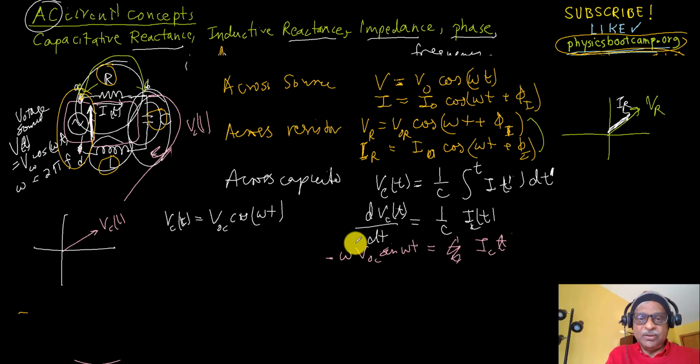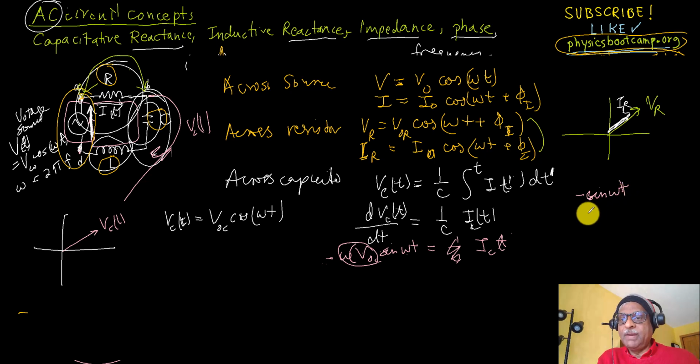So C comes out over there, and I want to absorb it, I want to write minus sine omega t, so this is the positive part, times some kind of cosine(omega t plus some angle phi).